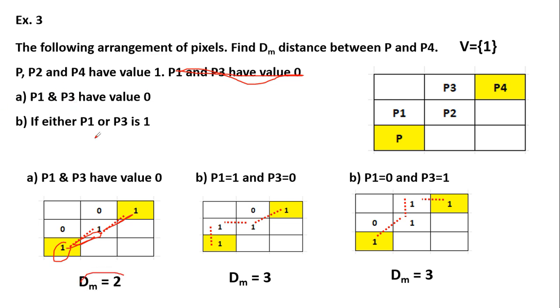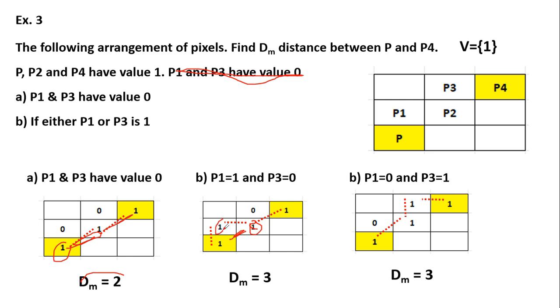Next condition, either P1 or P3 is 1. First we keep P1 equal to 1. So now we can't follow this path, because if we follow this path directly, this element contains 1 and this also contains 1, and 1 is in the set V. So their intersection is not empty, because for this pixel the n4 neighbor is 1, and for this pixel the n4 neighbor is 1.